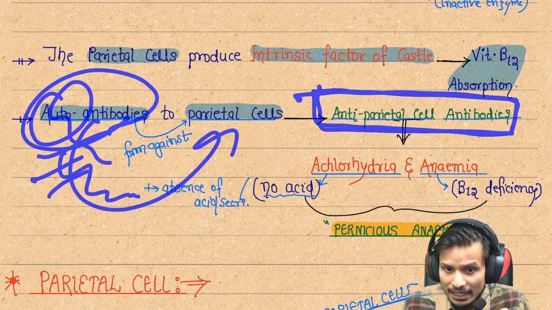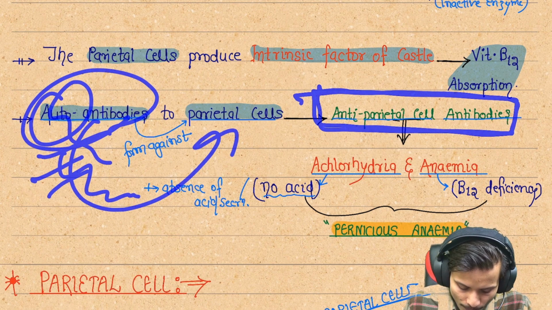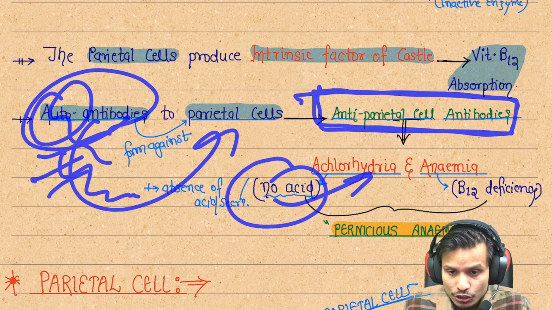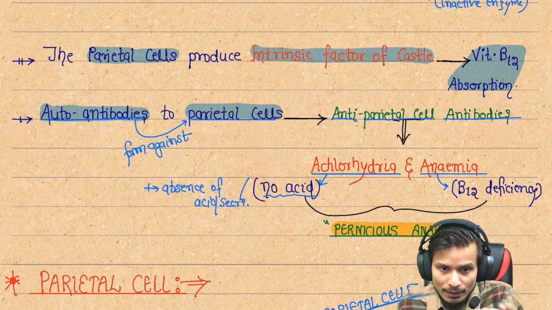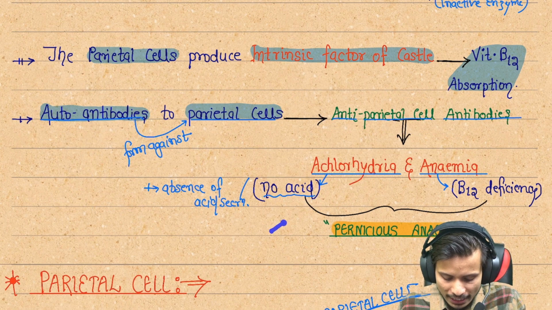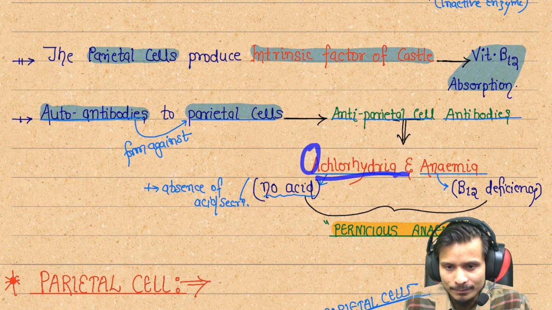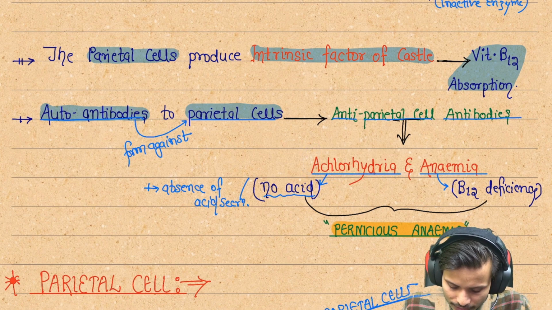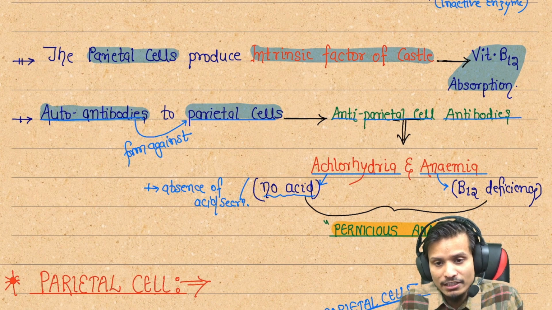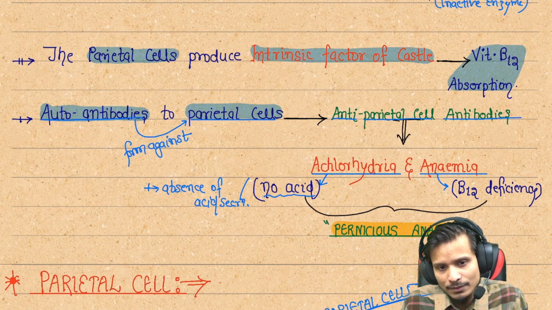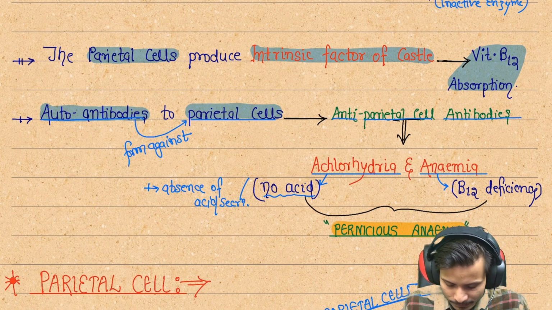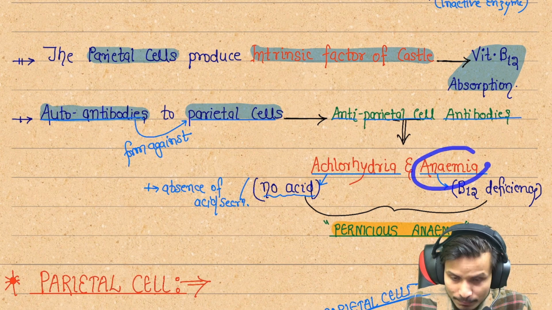These anti-parietal cell antibodies lead to an absence of acid, because they affect the parietal cells. When acid is not produced, the term is achlorhydria, and this also leads to an absence of intrinsic factor. If the parietal cell is inactivated, the absorption of vitamin B12 is not happening.